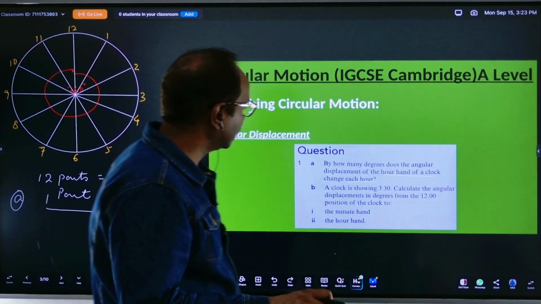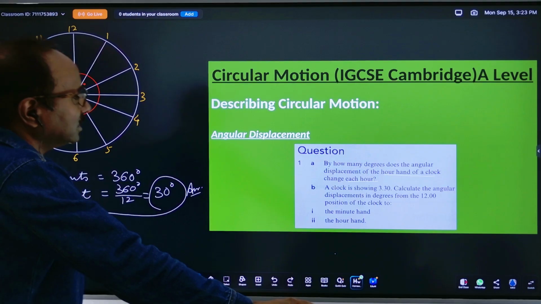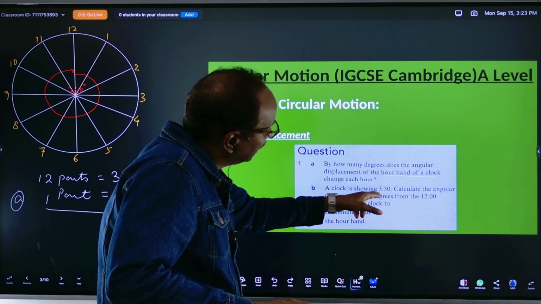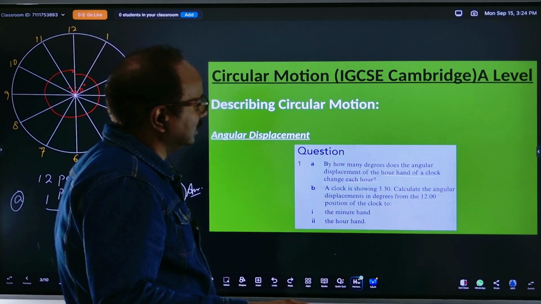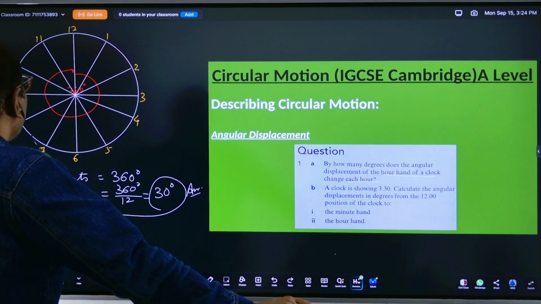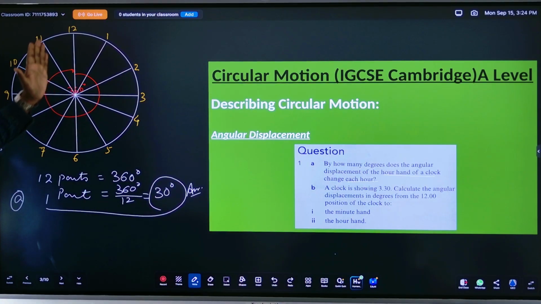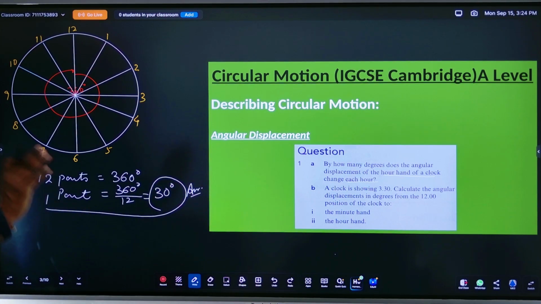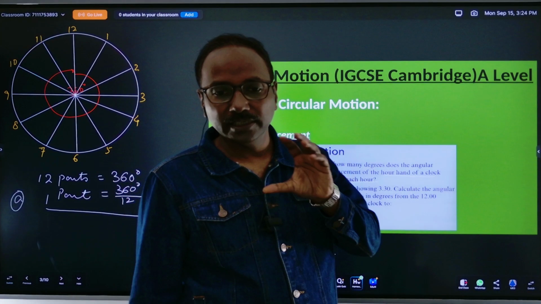Now second question is, the clock is showing 3:30. 3:30 means hour hand is at 3 and minute hand is at 30. So you know that each part has further been divided into 5 equal parts for the minutes.